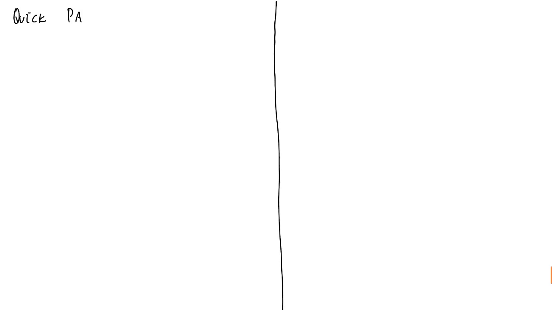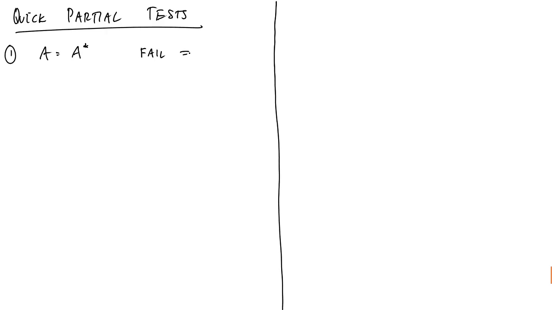If you're given a matrix and want to find out whether it's positive definite, here's a procedure you could follow. Quick tests. One: is it symmetric or Hermitian? If that fails, it's not positive definite. That's an easy one to do, and doesn't require much work.